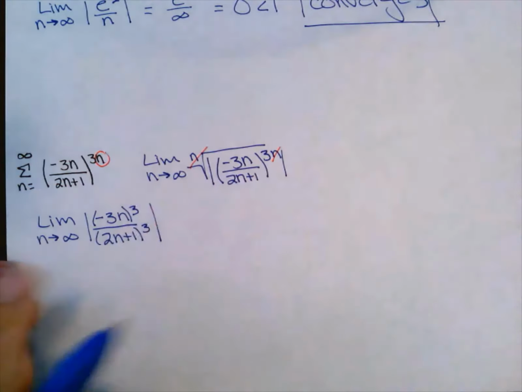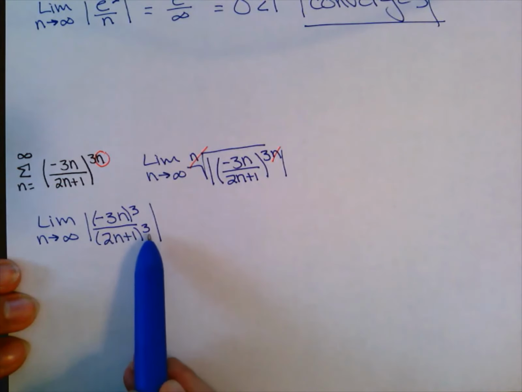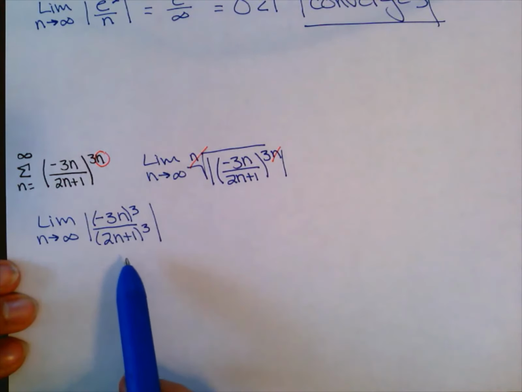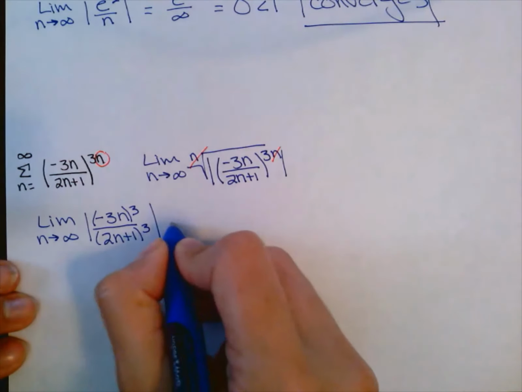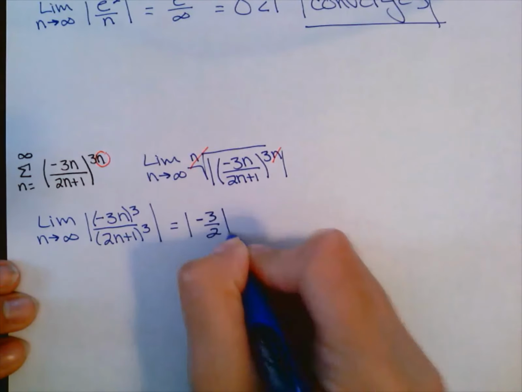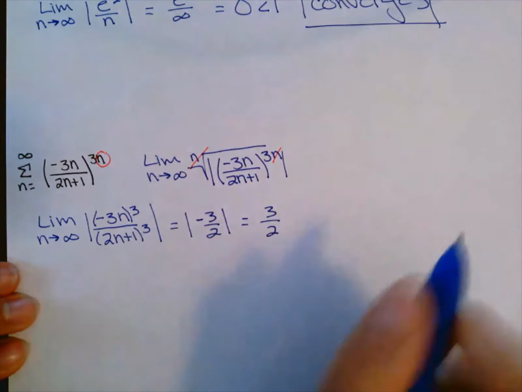Okay, now my limit to infinity, if my exponent is the same, which I know if I clean this up, my highest exponent would be a cubed. I have cubed on the top and cubed on the bottom, which means my answer to this would be the absolute value of negative 3 over 2. The absolute value takes away the negative, and I have 3 over 2.